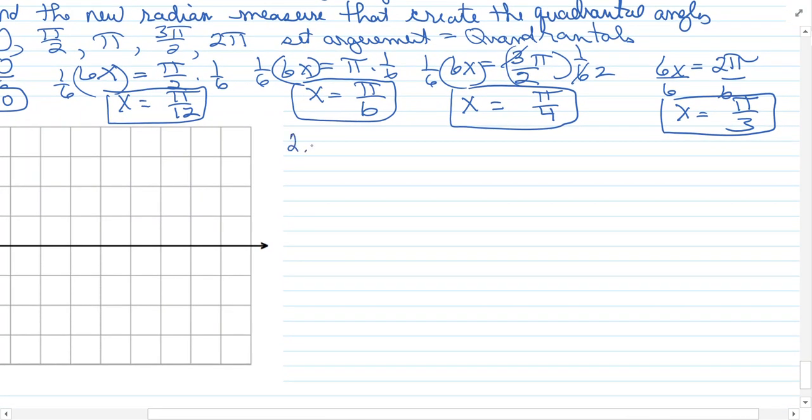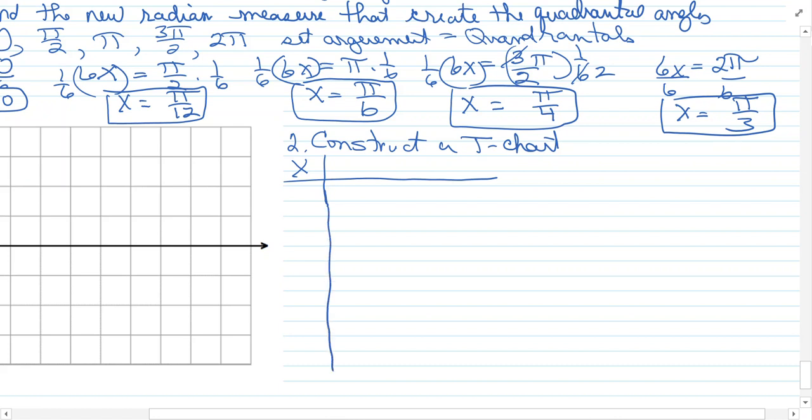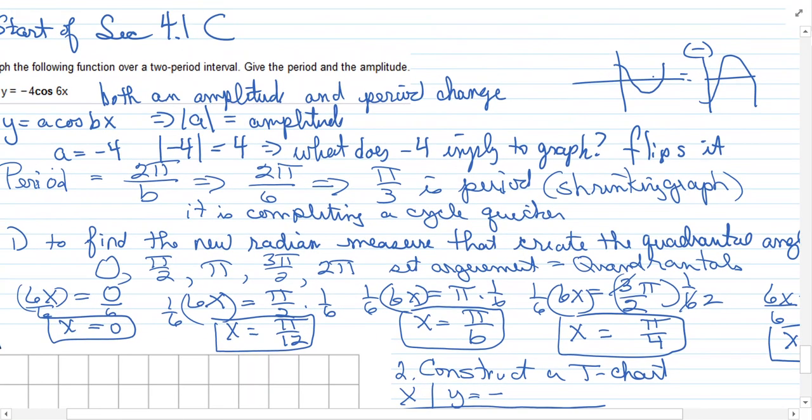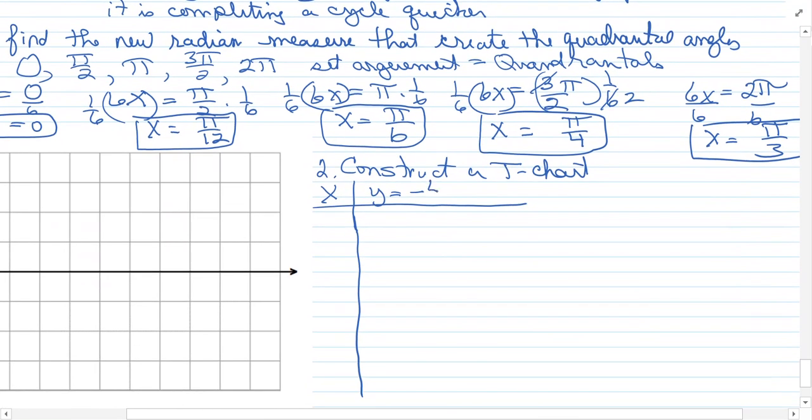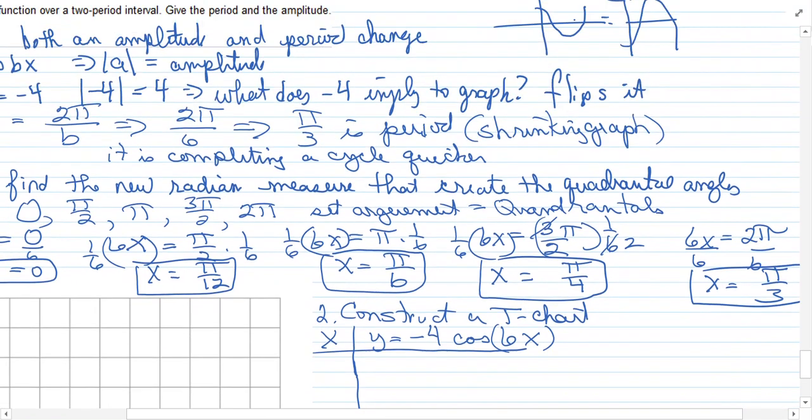So the second part is to construct a t-chart. And of course, I've been doing the math, and I know it's kind of hard for you, but it's important that you understand the functional aspect of all of this. So I have y equals, and it is a negative, right? Our function was -4 cosine of 6x. All right, ready?